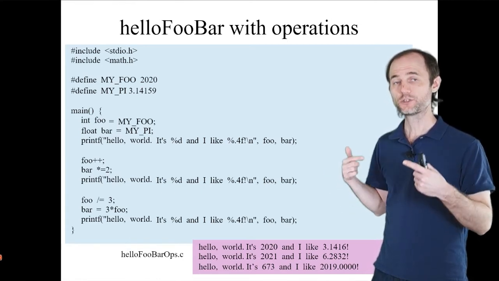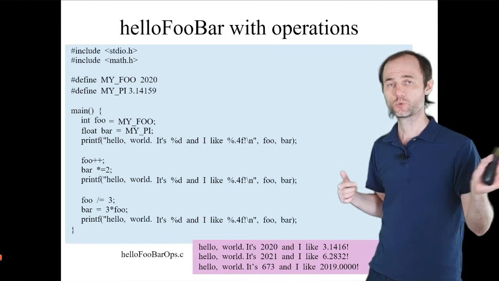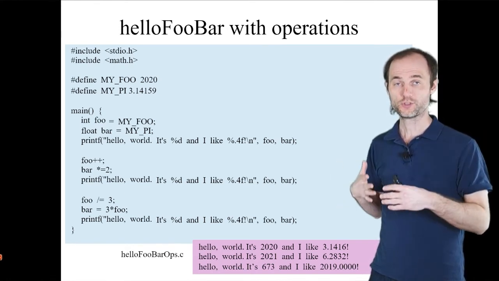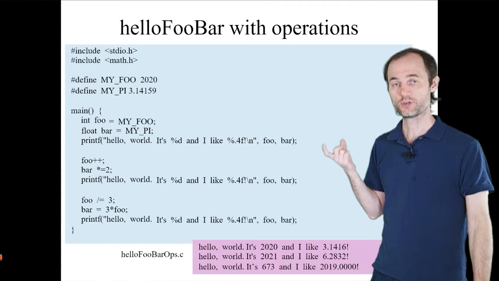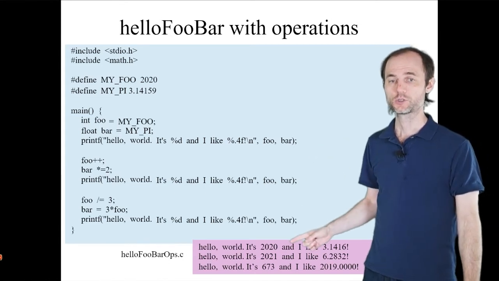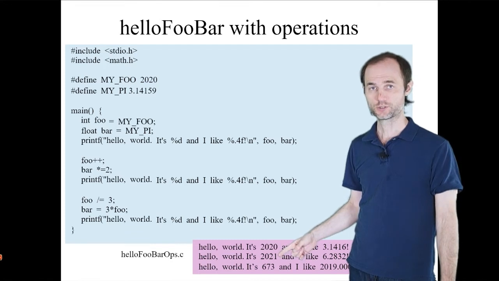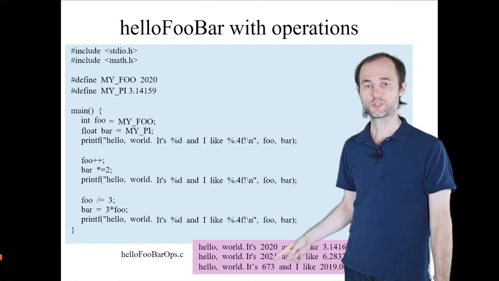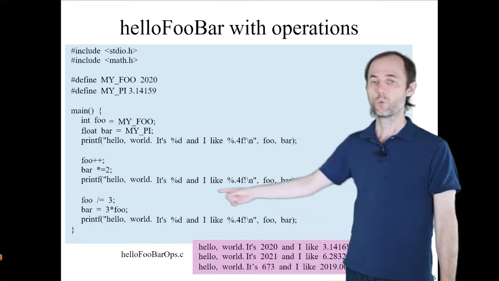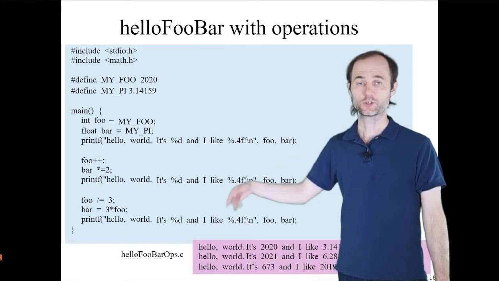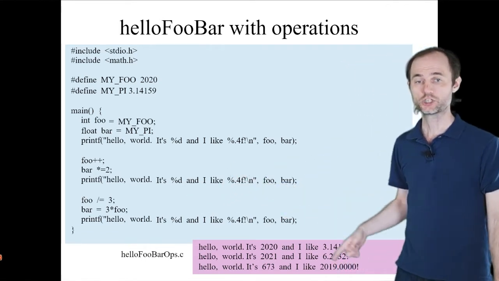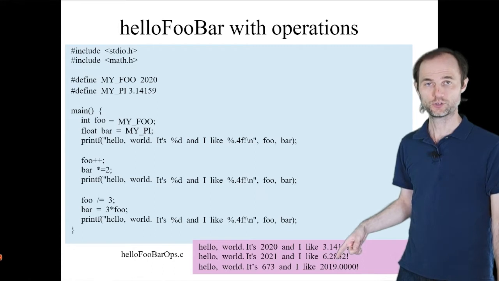And what integer divide does, it throws away all of the fractional parts, retaining only the integer part. So for positive integers, it rounds down to the nearest whole number. So that will be 673. And then when we multiply 673 by a factor of 3, we actually are going to get 2019.